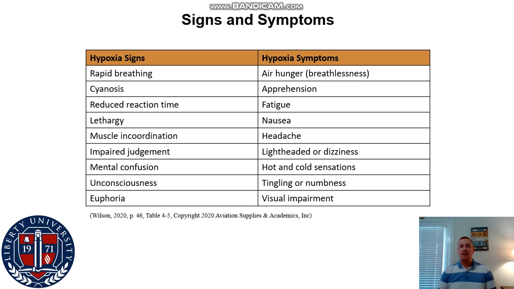But if you experience any of these symptoms for the first time, you have to immediately be thinking hypoxia, particularly if you're at an altitude where hypoxia is possible. So if you're flying around at 1,000 feet MSL and you're experiencing some of these symptoms, you might be encountering hyperventilation, but it is still possible to have hypoxia at a low altitude. It's just really, really uncommon.